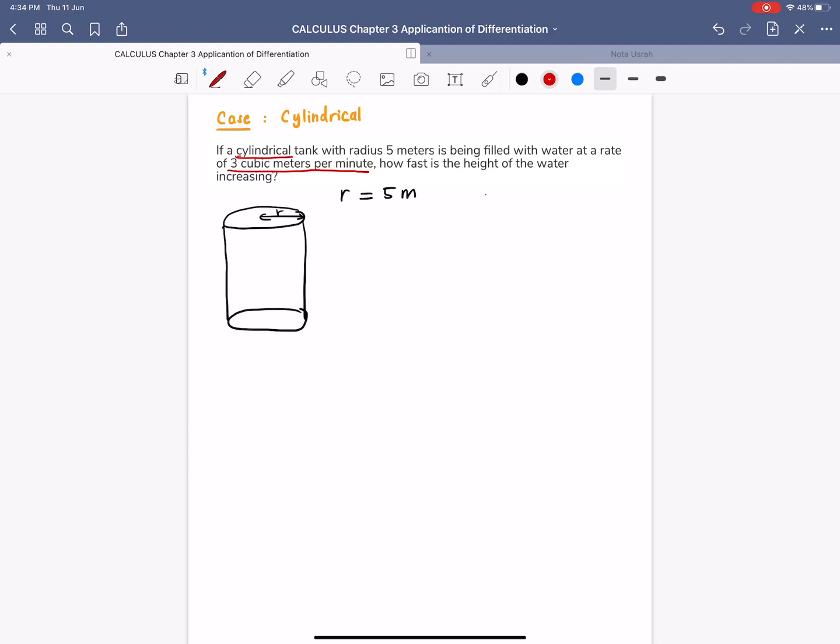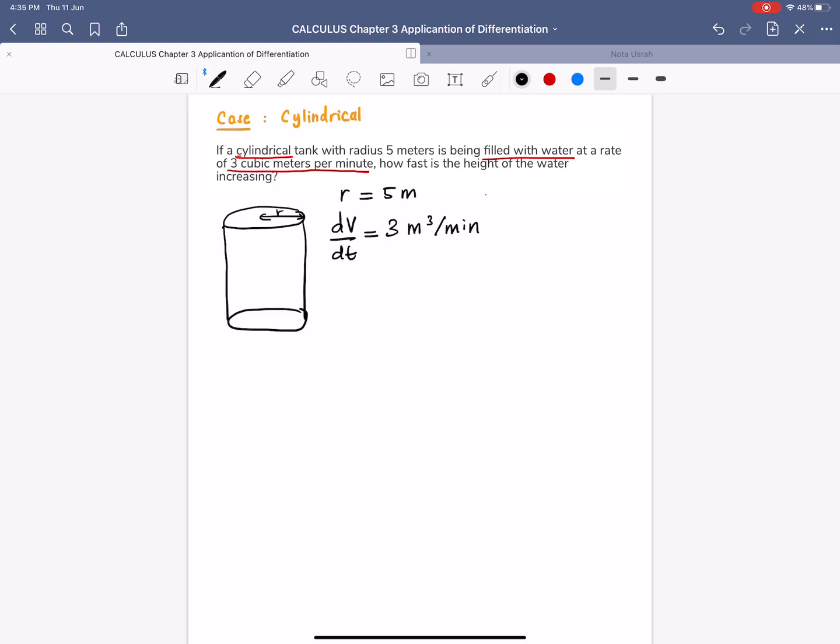Here it says filled with water. That means this value, 3 meter cube per minute, is actually the rate of the volume, dV dt.